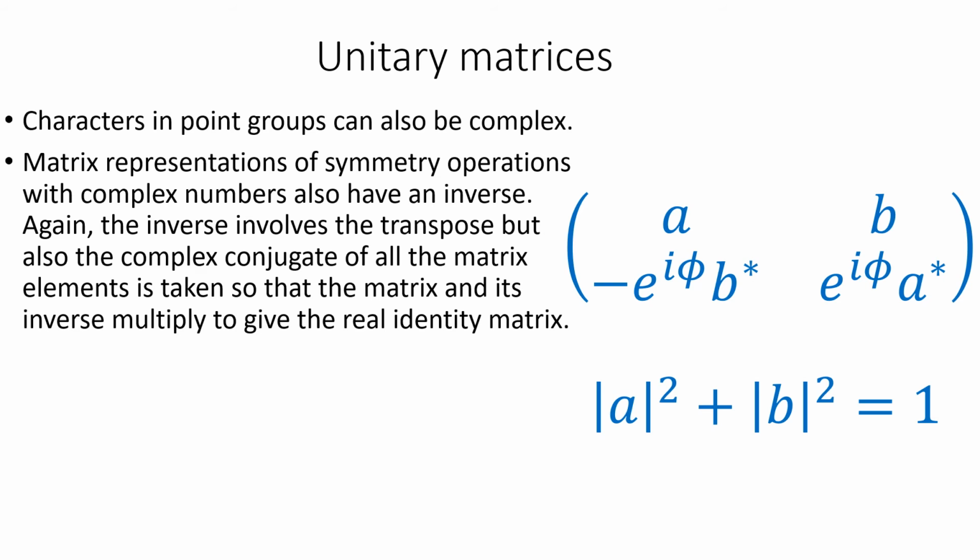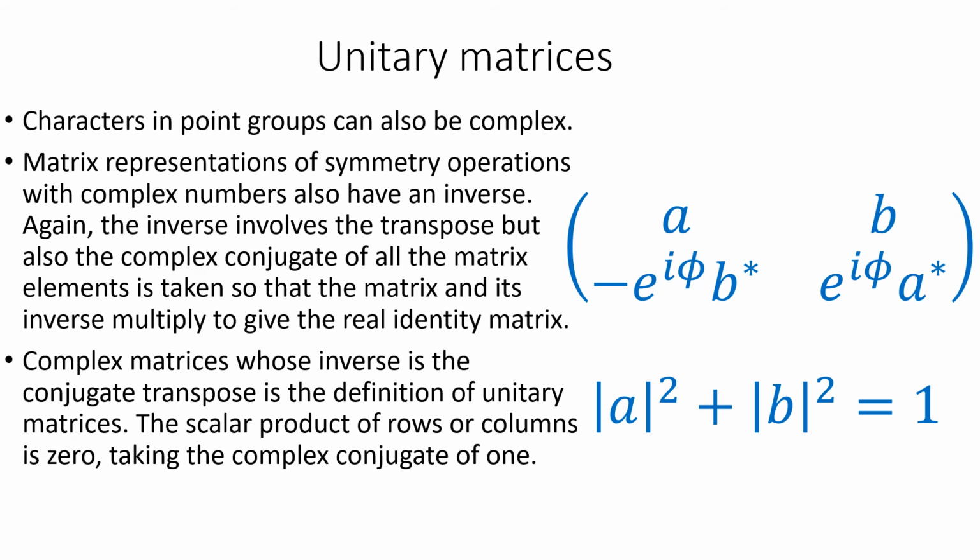In the case of a unitary matrix, where we've got these complex terms, it's more than just the transpose, it's the so-called complex transpose, or the conjugate transpose, I should say, where we've taken the complex conjugate of all the terms as well as transposing the rows and the columns. And again, the reason for doing this is because ultimately the matrix multiplied by its inverse has to give the identity, and because the identity is real, we must fix it so that when the two matrices are multiplied together you get a real outcome, and that's done by taking complex conjugates.